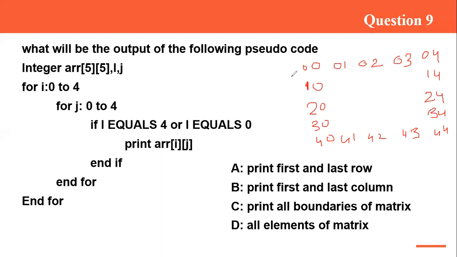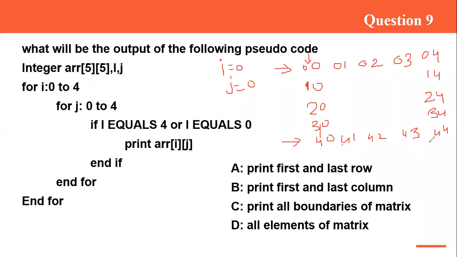So now if you observe in this row, what is the i value always? The i value is always 0. Am I right? And in this whole column, what is the j value always? 0. Got it? And in the last row, what is the i value always? 4.